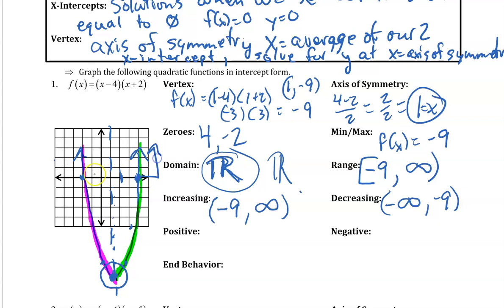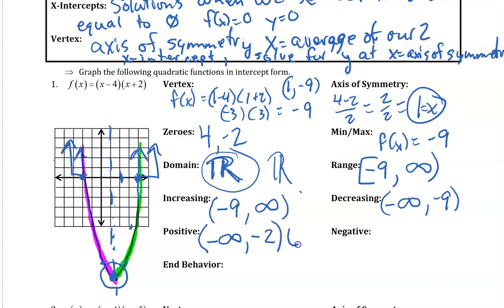Where is it positive? It's positive when the value gives us something greater than 0. So it's from negative infinity to our first 0 at negative 2. It is not positive at negative 2. It's 0 at negative 2. So again, I use the round parentheses.